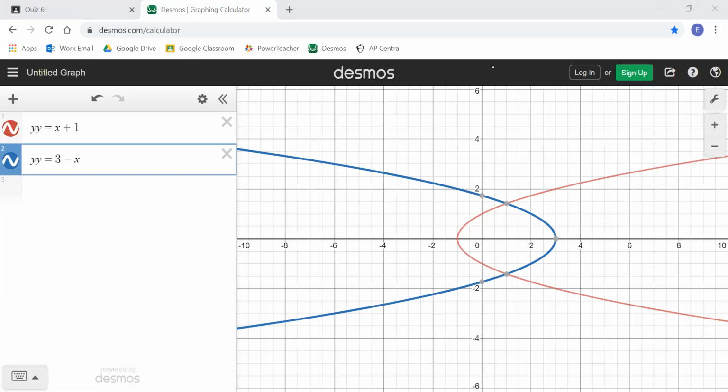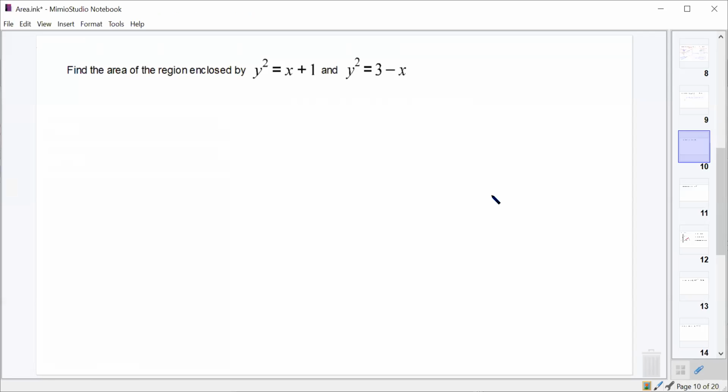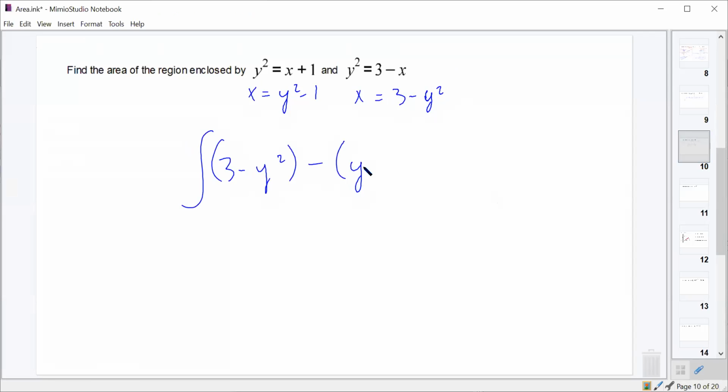So first couple of things we need to do is write both of those functions as x equals. So we've got x equals y squared minus 1, and this one is x equals 3 minus y squared. And remember that the 3 minus y squared one is the one that is to the right of the other one. And so we're going to integrate the rightmost function minus the leftmost function, all in terms of y.